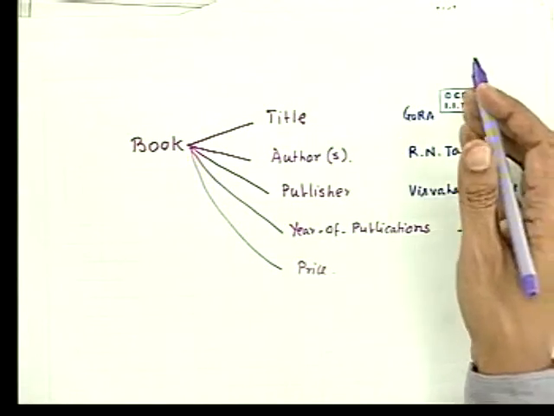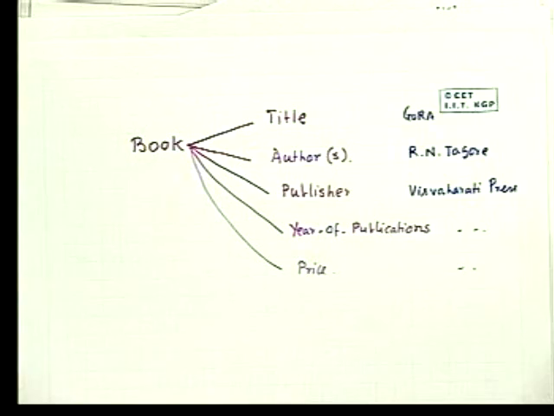Similarly, we can have the book Database by Korth, or Romeo and Juliet by Shakespeare. Any of them are instances of books. So you can see that in this example, the attributes in the case of books are these.